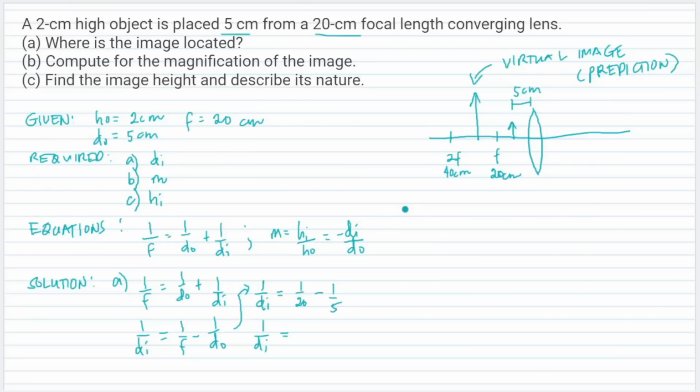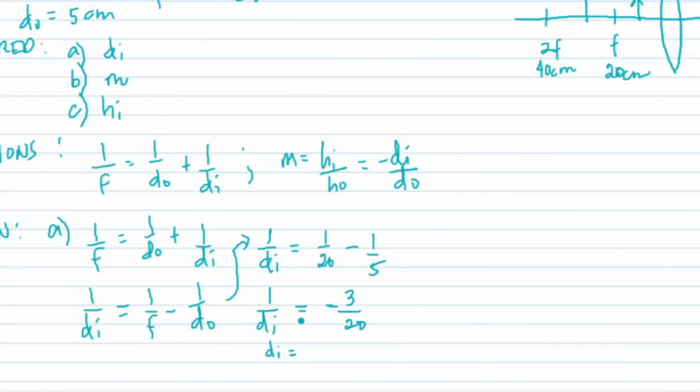So that would be 1 over 20 minus 1 over 5, and we should be getting negative 3 over 20. So, again, the reciprocal of that to get DI. So, finally, DI is equal to negative 6.67 centimeters.